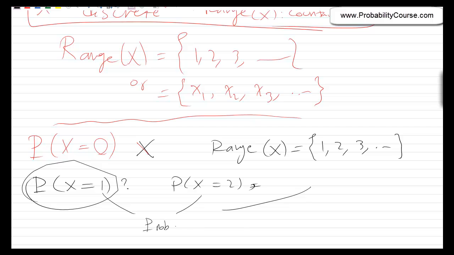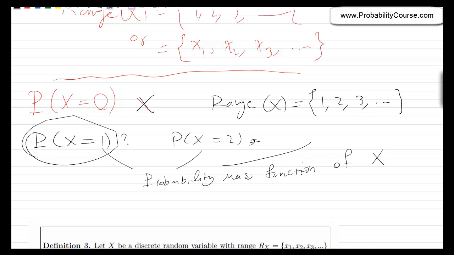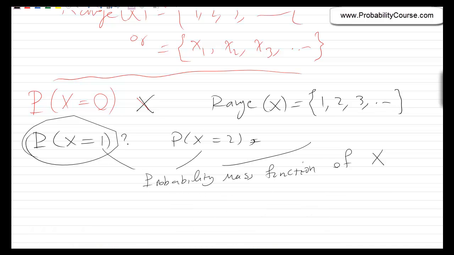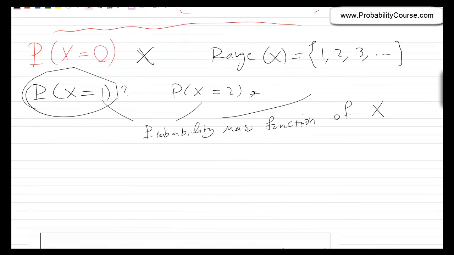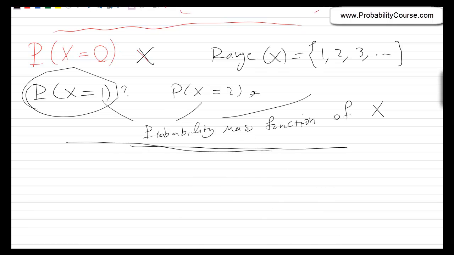Now, if I give you all these probabilities, what I have given you, in fact, is the probability mass function of the random variable X. So probability mass function of the random variable X is in fact a function that tells me what is the probability that X takes a certain value.